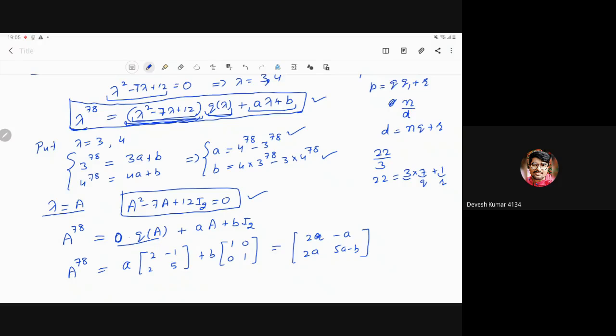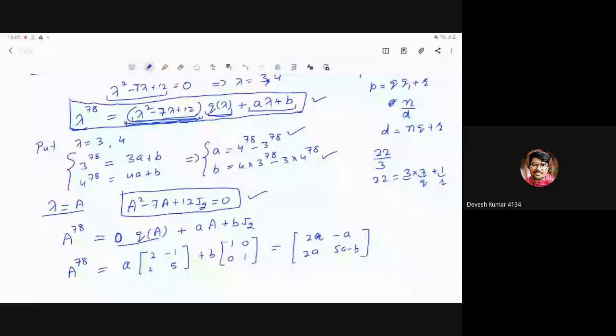After that, it's merely a calculation. So you see, the Cayley-Hamilton theorem can provide you the inverse of a matrix. It can provide you any large power of A very easily. So it's a powerful result, the Cayley-Hamilton theorem.